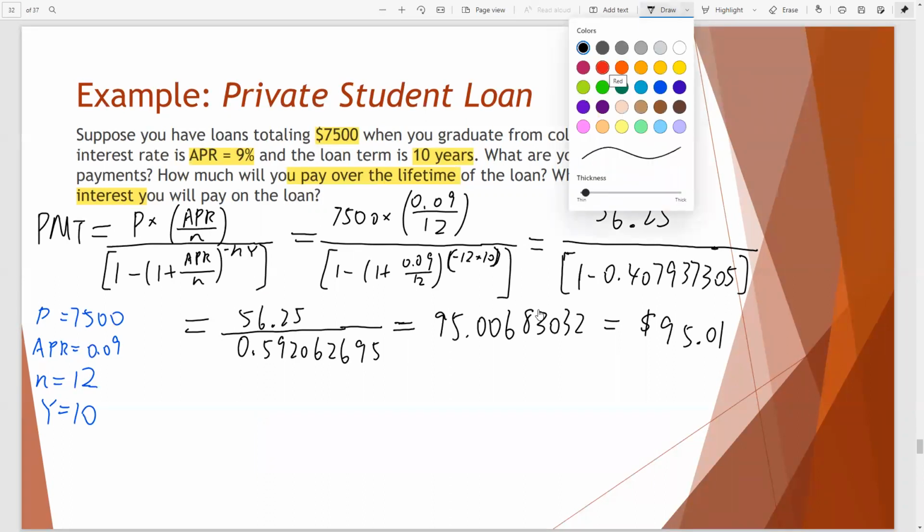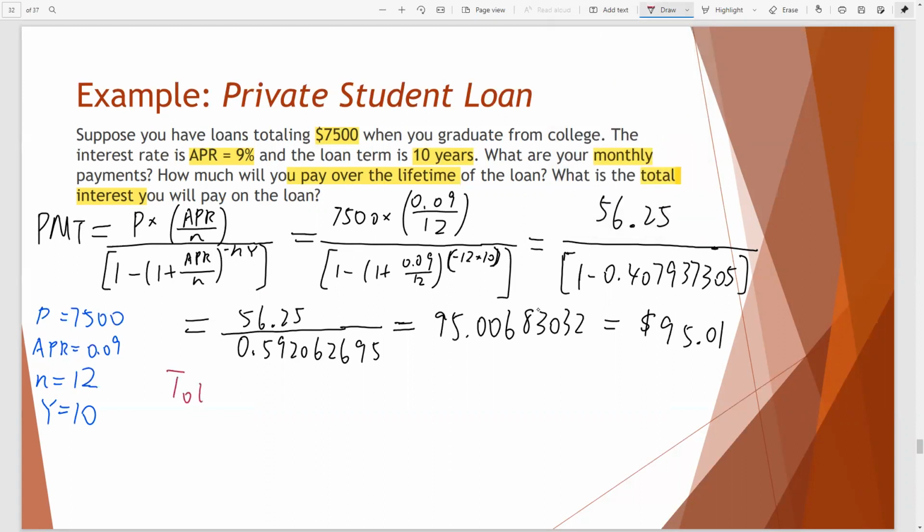For the second question, maybe I could use another color. Total payments: that's the monthly payment of $95.01 times 12 months for 10 years.